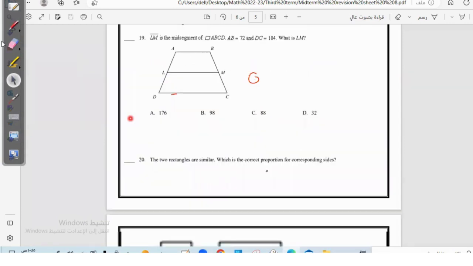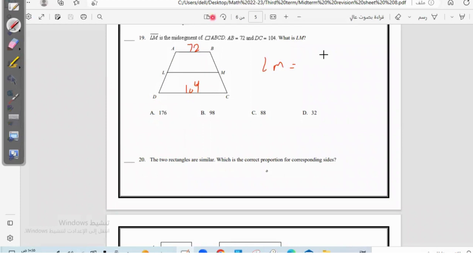Now, number 19. Yes, Ahmed? The midsegment of trapezoid ABCD. What is LM? This side is 72, and this base is 104. How to find the midsegment? LM equals base 1 plus base 2 over 2.